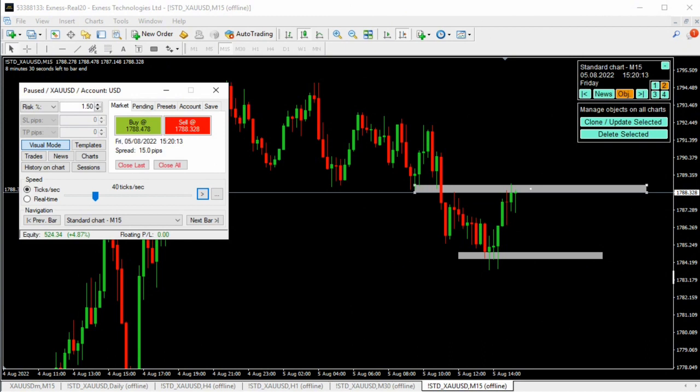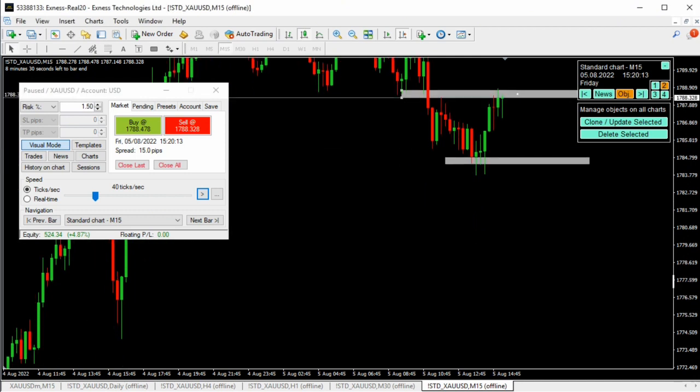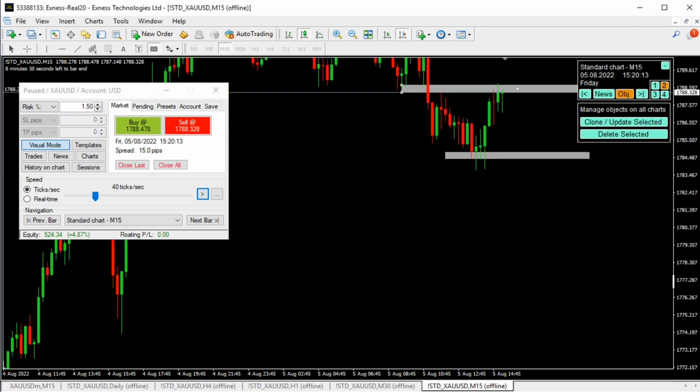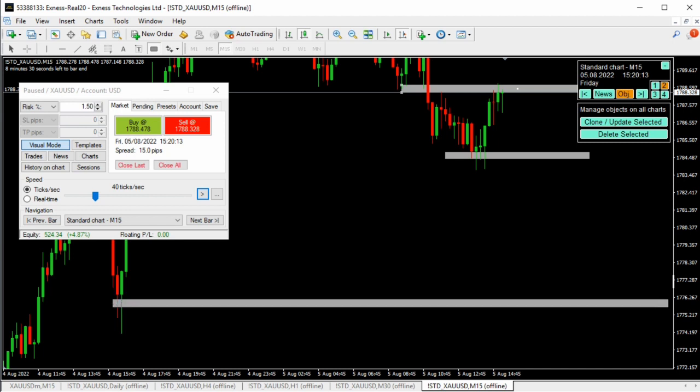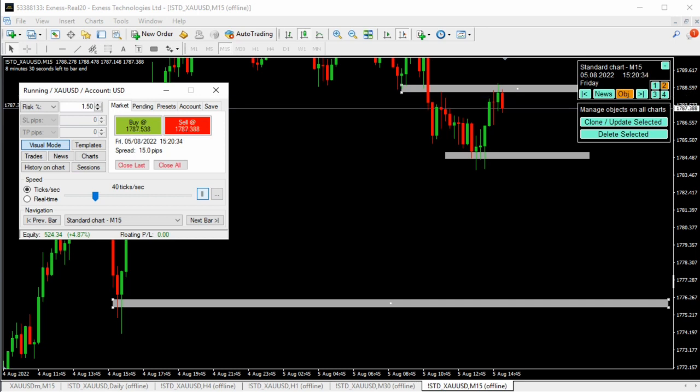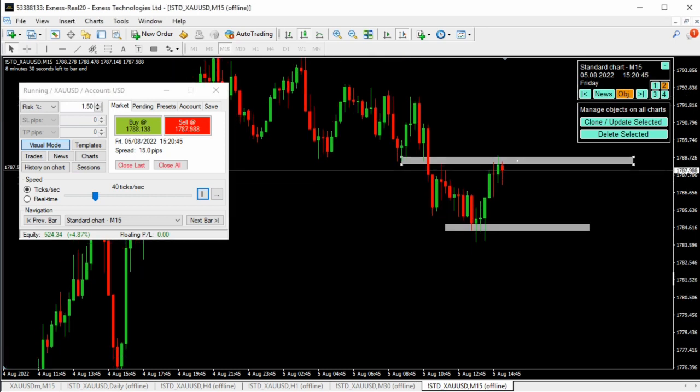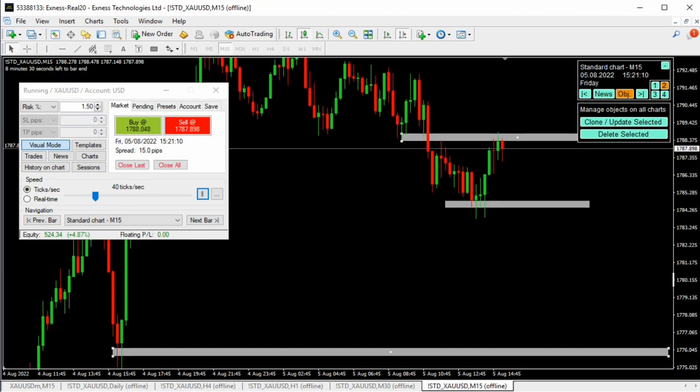So if it closes below, then we can expect the next candle to retest this low right here, and possibly move to the downside and fill this area of support right here. That is what we are waiting for at this point in time.